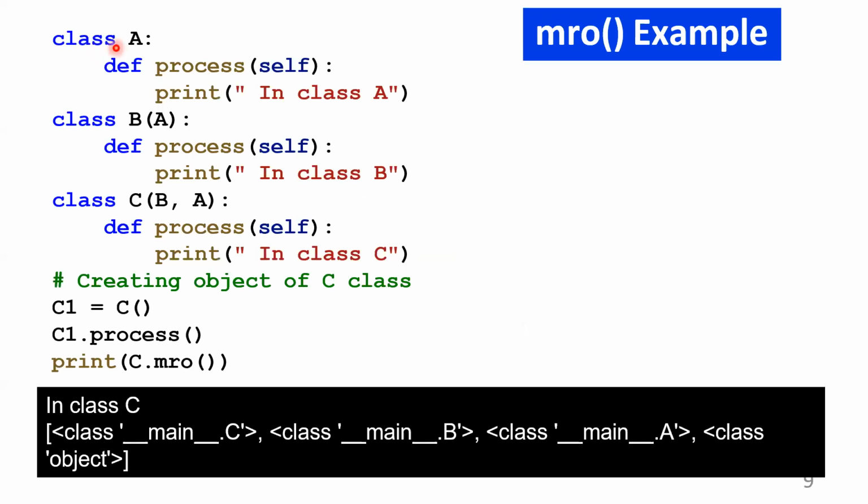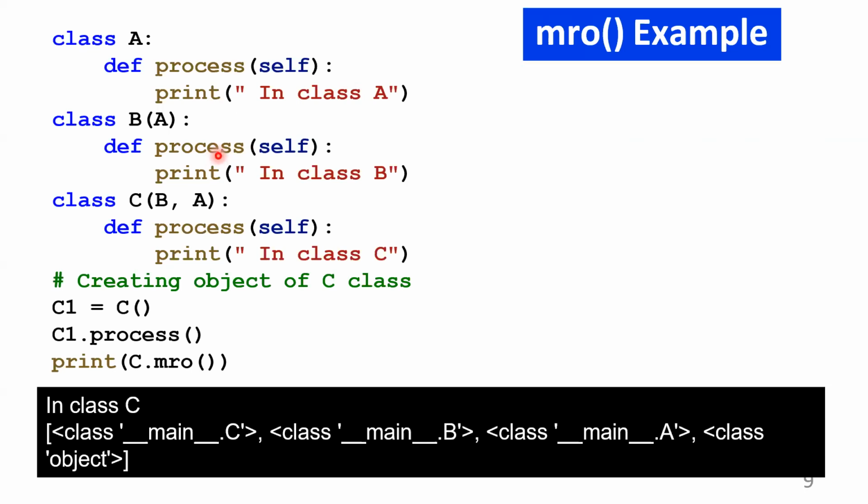Here we are defining a class A in which there is a method process that prints in class A. And we are defining another class B which is inherited from A, and we are overriding the method process. Already process is inherited, but if we want to change its implementation, then we have to redefine the process in the child class.